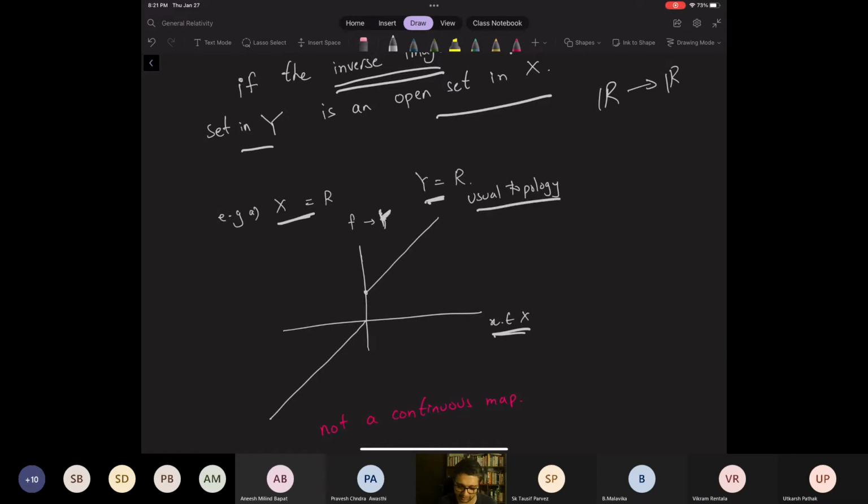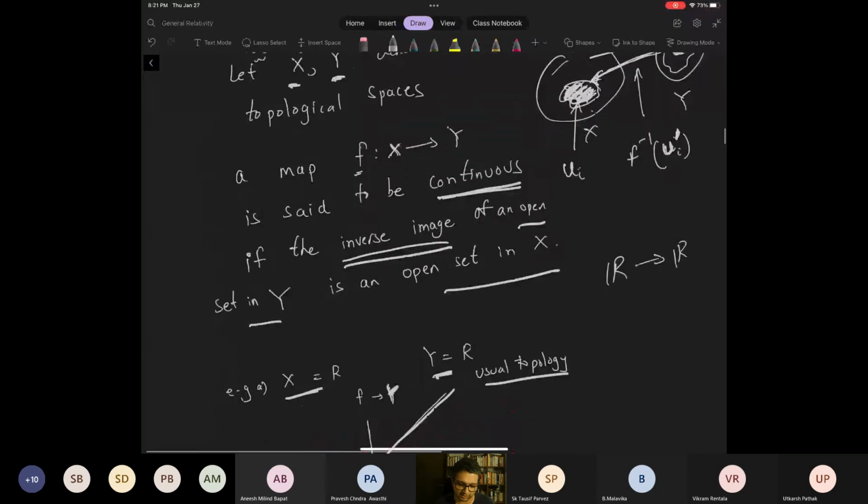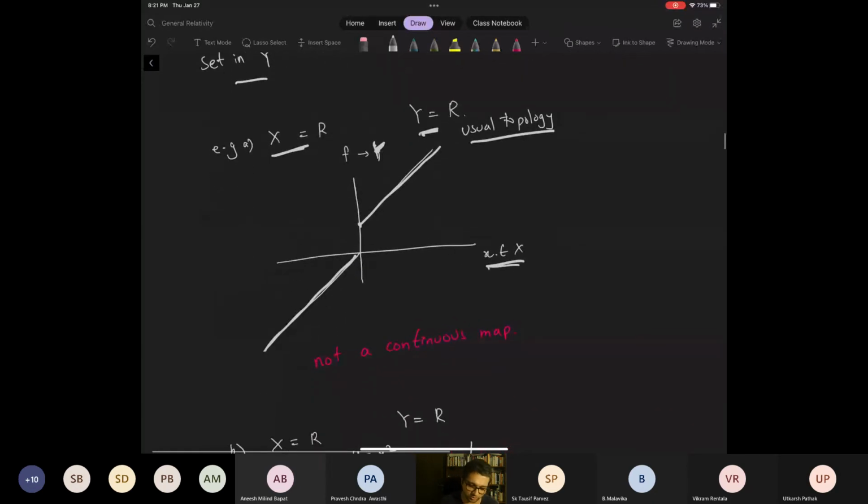And this is what you would think of as a discontinuous function from X to Y. Let's see that under this definition of what we mean by continuous map from X to Y, this is also discontinuous. So what we mean by usual topology is we can take open intervals on X. This is one UI, right?